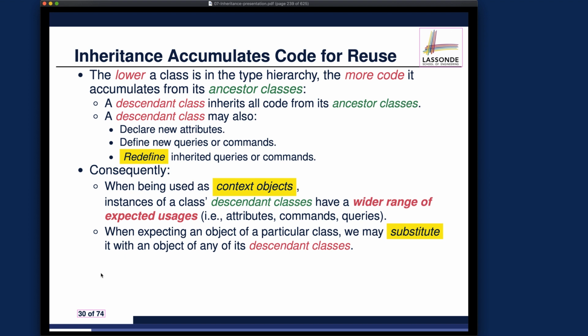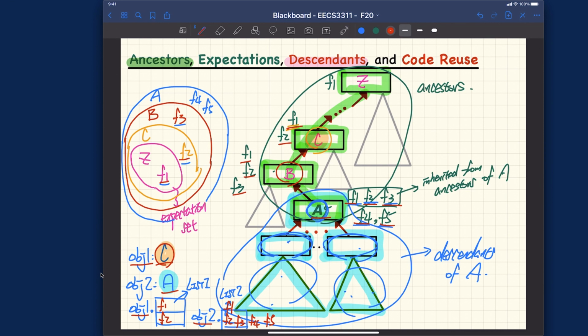When expecting an object of a particular class, we may substitute it with an object of any of its descendant classes. Again, I want to use two examples to show you. Let's still use this particular example, keeping our two variables, object number 1 and object number 2.